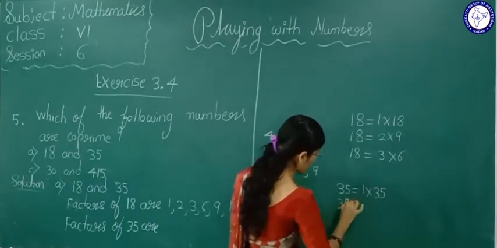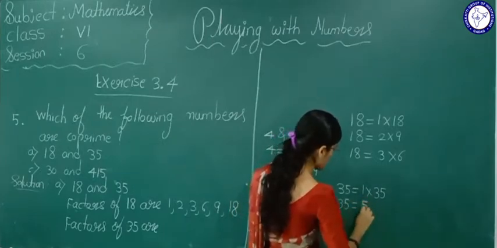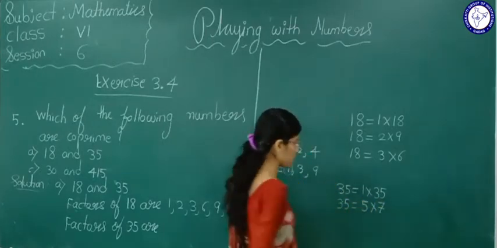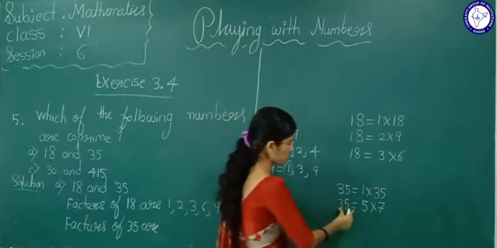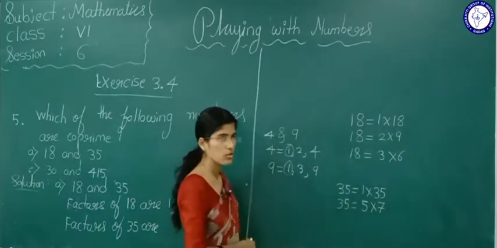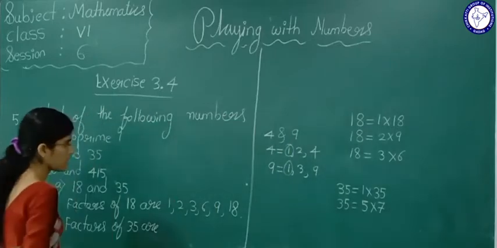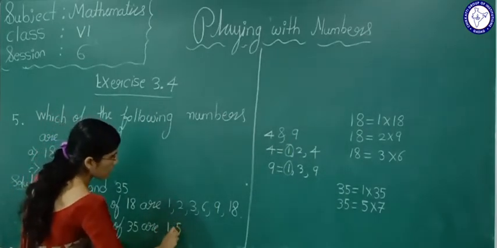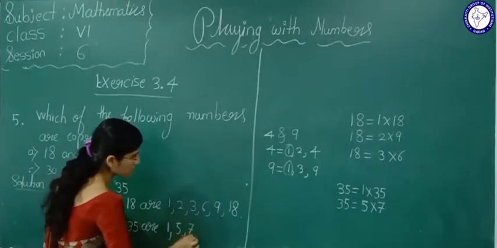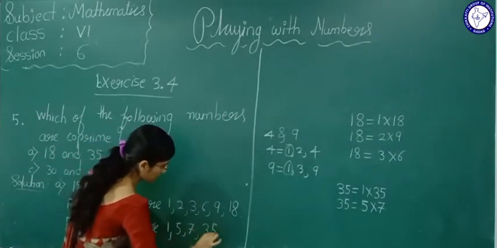Again this 35 can be written as 5 7s are 35. Is there any other possible? No. Then the factors of 35 are 1, 5, 7, 35.